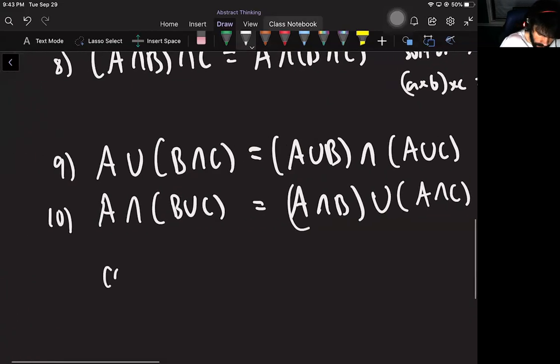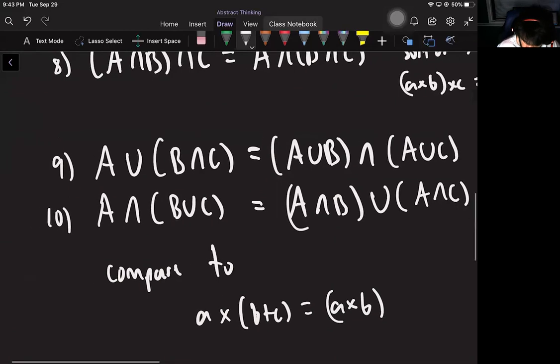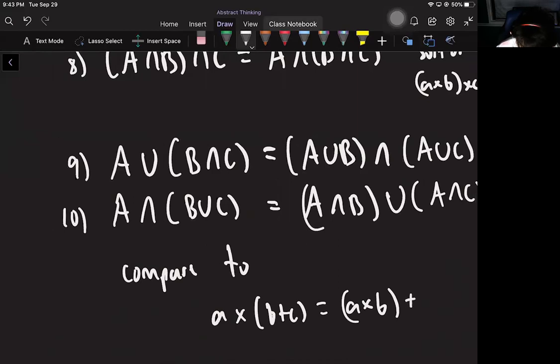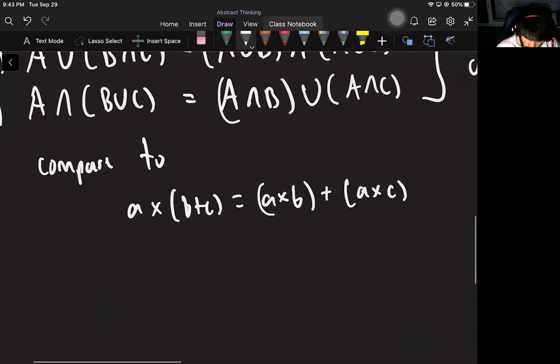So you should compare, well, actually, no, sorry. We already did that earlier, but let's just compare the laws. I keep changing the colors. Let's compare to the fact that A multiplying into an addition does distribute the same way as these distributive laws work, but the other way doesn't work.